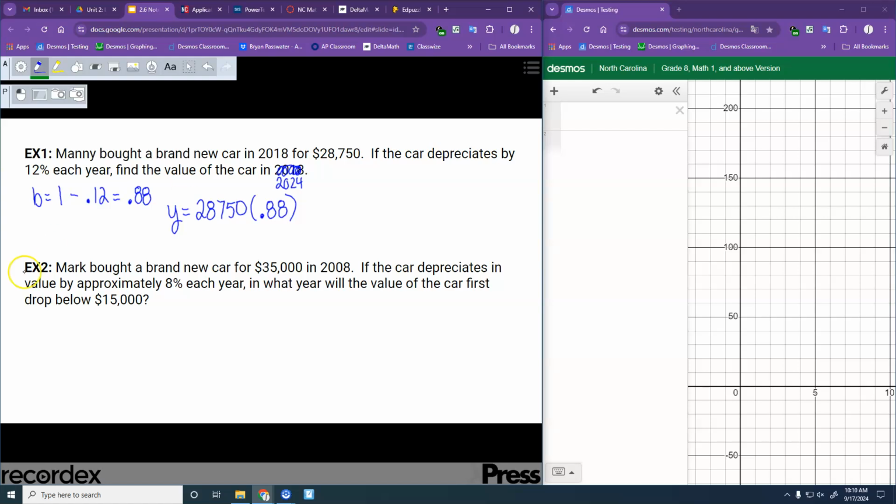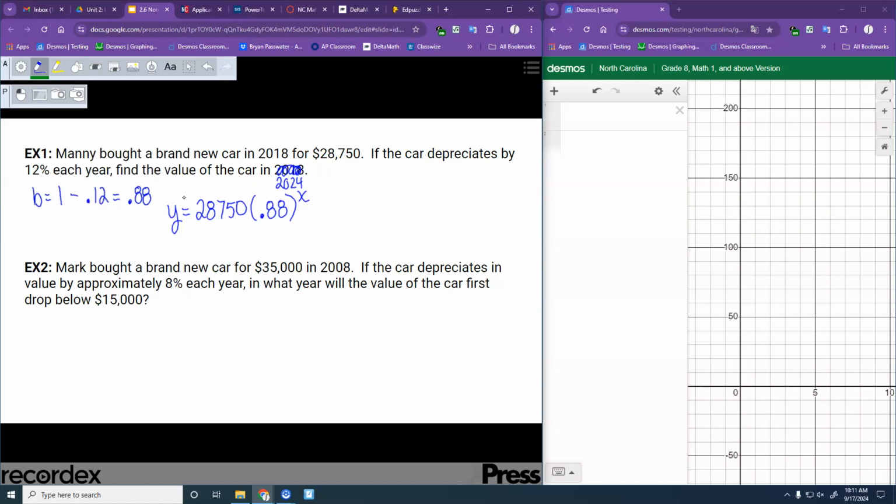So it loses 12%, but it keeps 88% of its value, if you want to look at it in the positive light. Yes, if it appreciates, so if it was something that was gaining value, you would have 1 plus the 0.12. But when it depreciates, we're decreasing there.